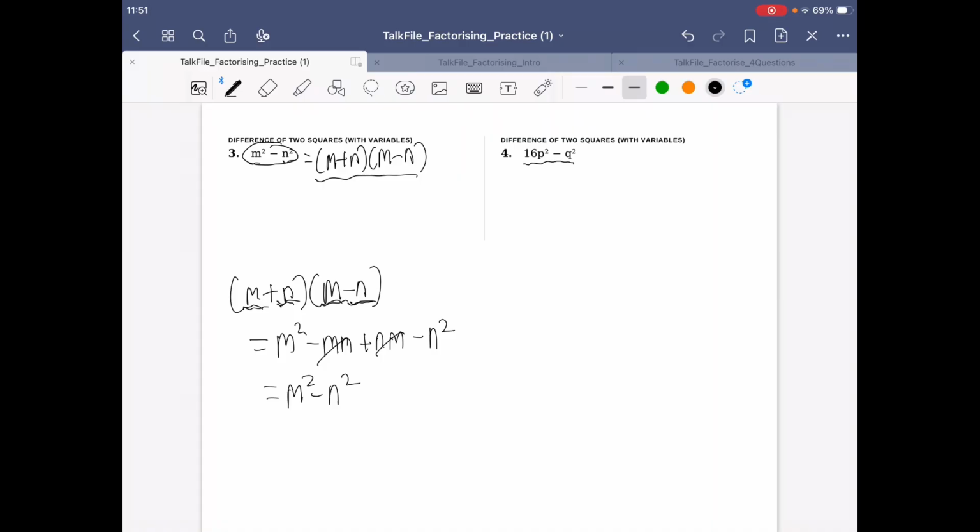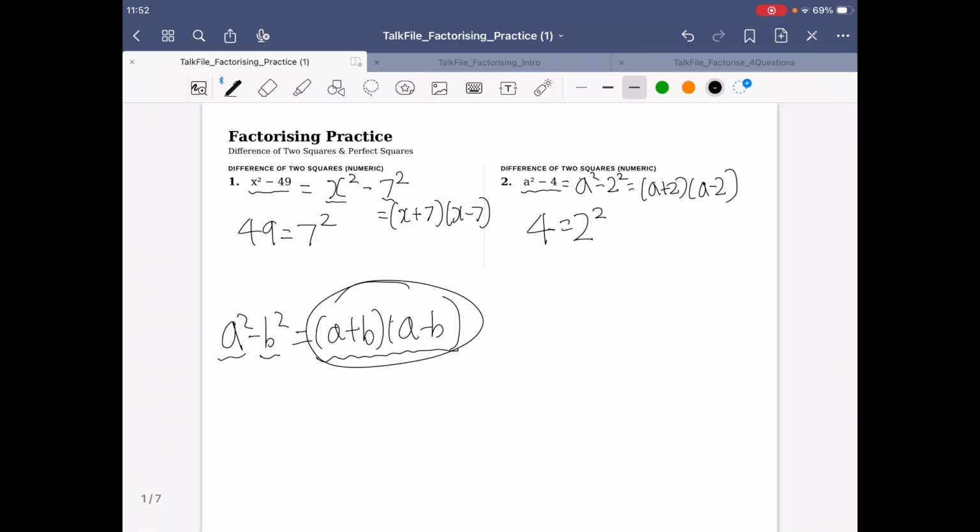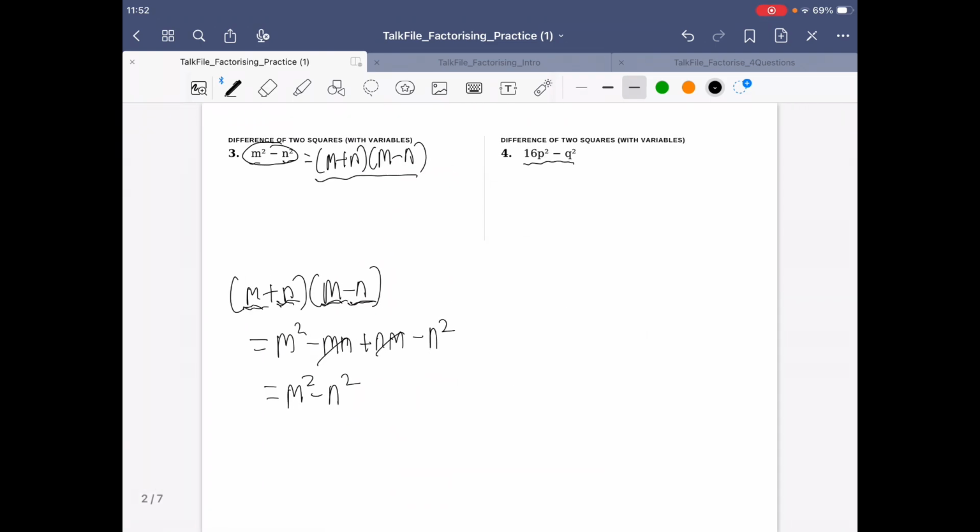But the basic rule is the same. You see the difference of two squares, and then you might need some technique to change some terms, which makes it easy to factorize.